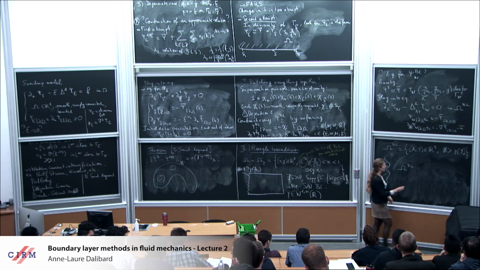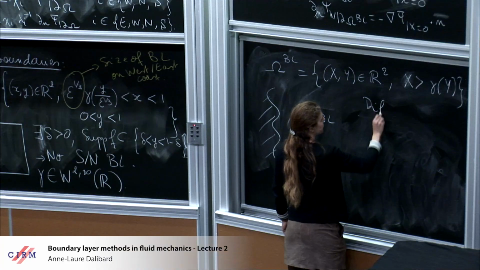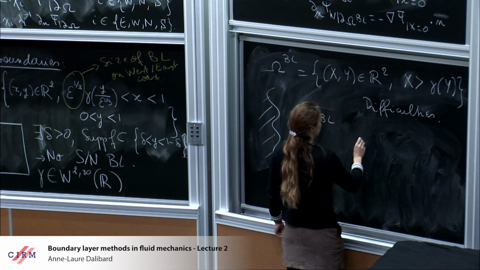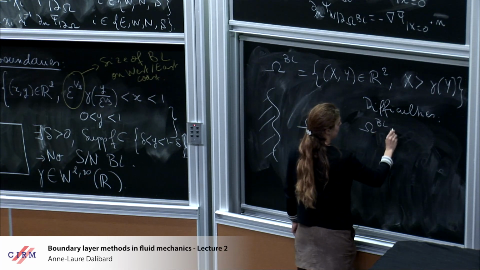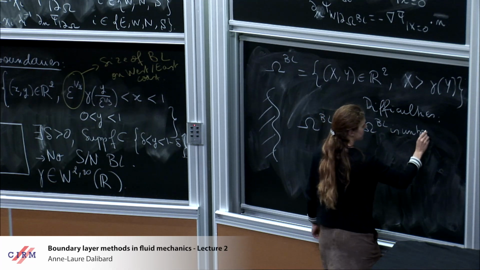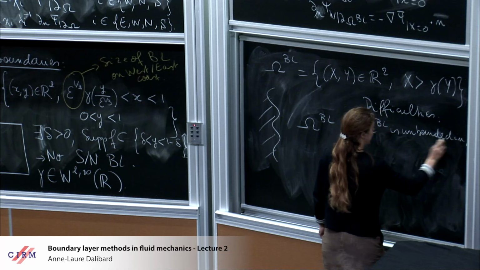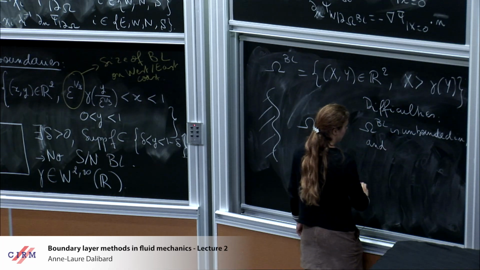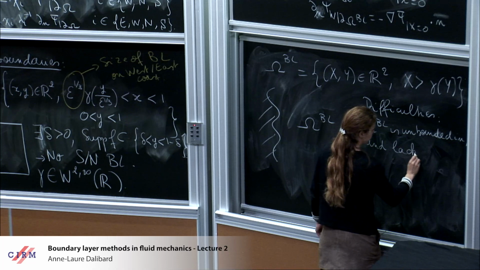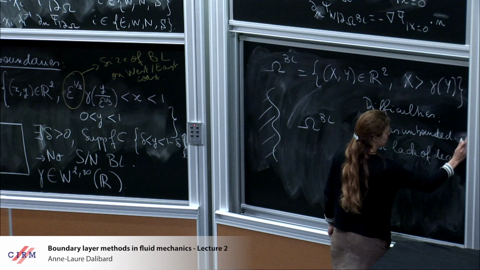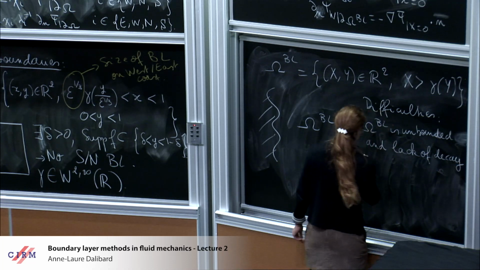So the difficulties come from the fact that omega BL is unbounded in all directions, actually, and you have a lack of decay in y.